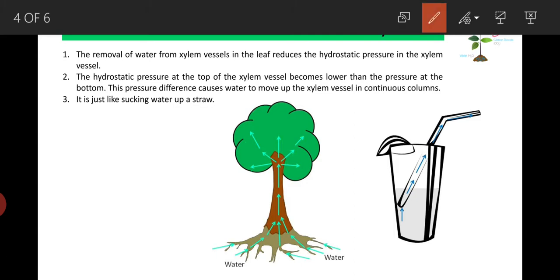But how does the water enter the leaf from the root? How does the water move from the root to the stem and into the leaf? The mechanism by which water moves from the ground up to the leaf is the same as the mechanism of sucking water up a straw.